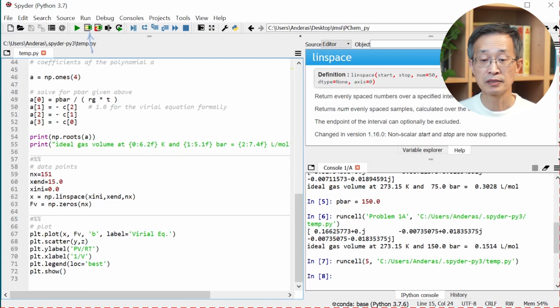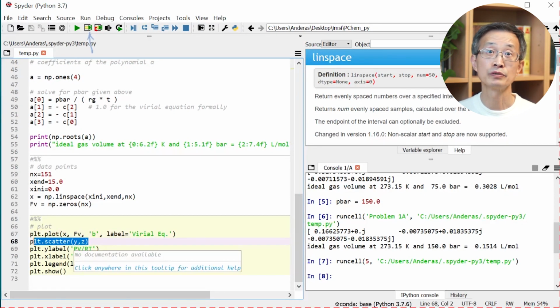We first plot FV as a function of x, using the color blue, and the label is the Virial equation. Then the scatter routine: z is the compressibility factor, and y was the reciprocal molar volume.